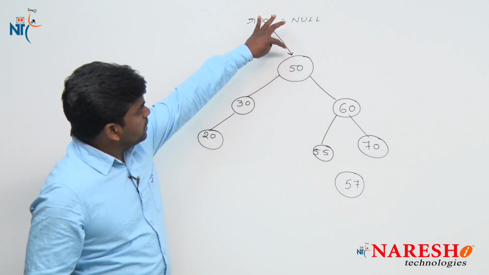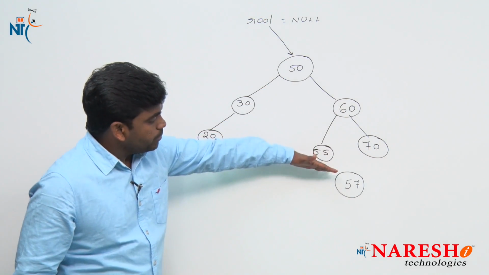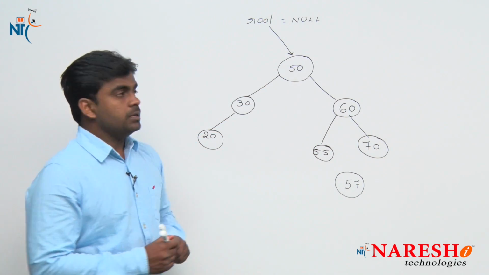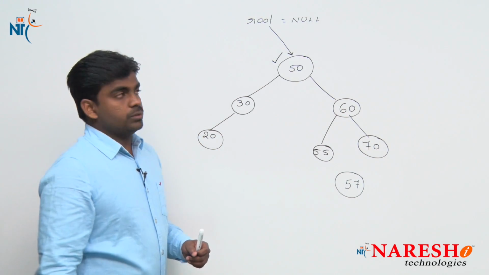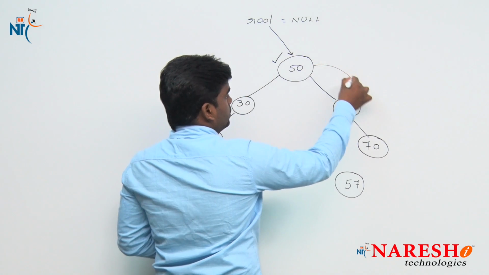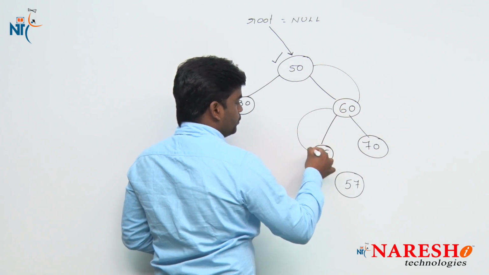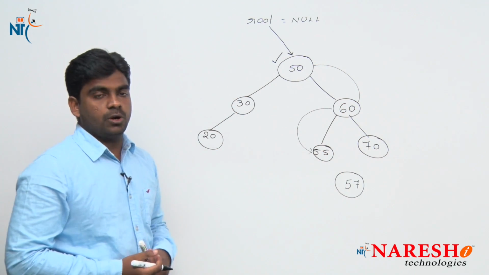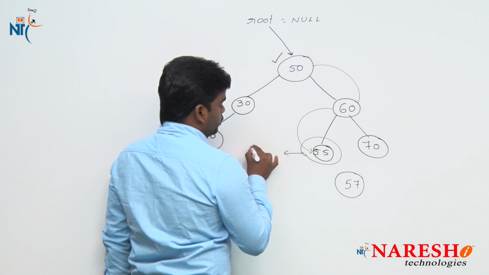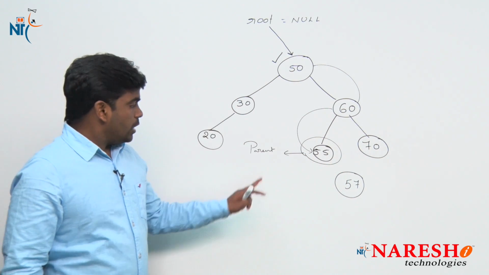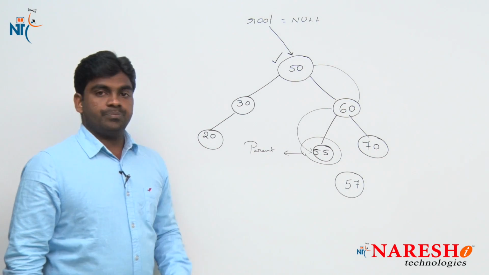We need to travel from the root node to that particular parent node. First we compare with the current node, then move along like this, and this we should consider as the parent node. So now we found the parent node.